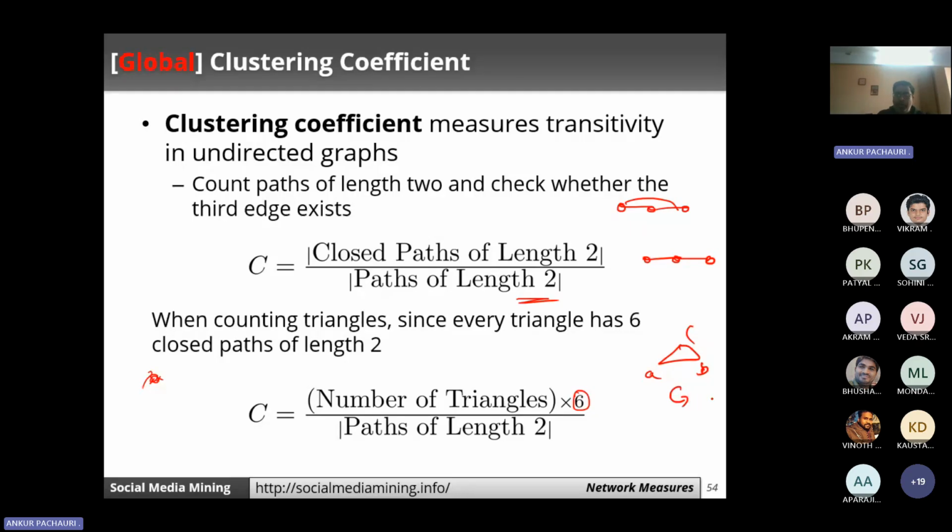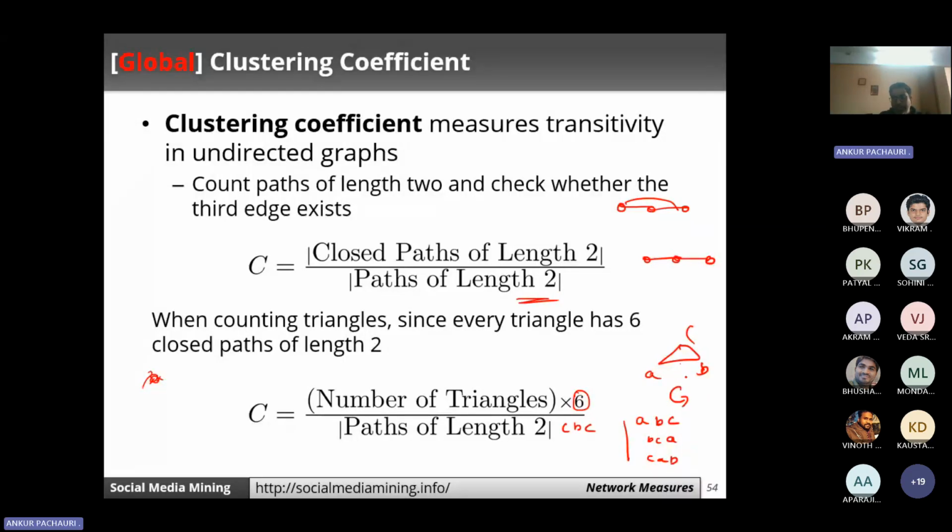If I'm not bothered about the orientation, then there will be 6 possibilities: A B C, B C A, C A B, and then the reverse: C B A, B A C, and so on.